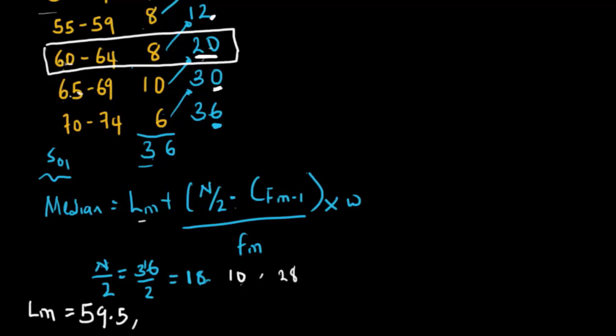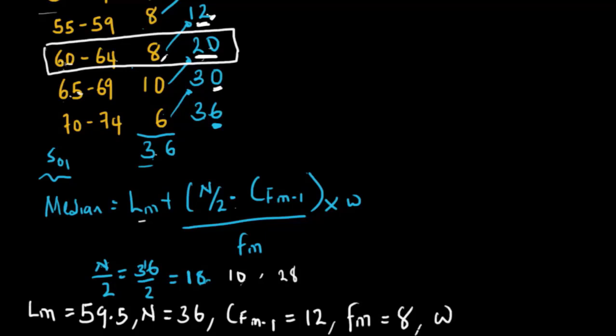Next is n, the total frequency, that is 36. Then the cumulative frequency of the class before the median class is 12. Frequency of the median class, that is 8. So FM equals 8.